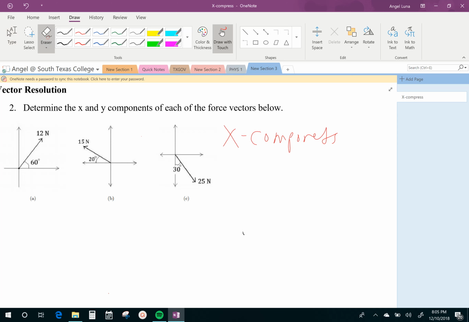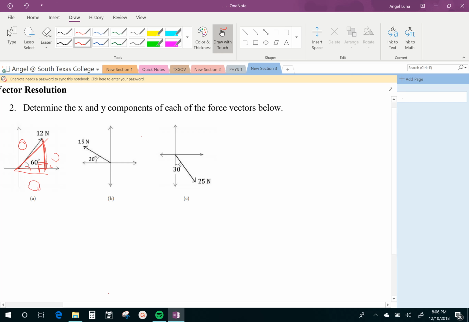Okay, now to explain why we're using cosine and sine. Essentially what we're doing here is we have a triangle with a corner angle of 60 degrees. Using Pythagoras' theorem, if we have the length of one side, in this case the hypotenuse, we could find the length of the other two sides.